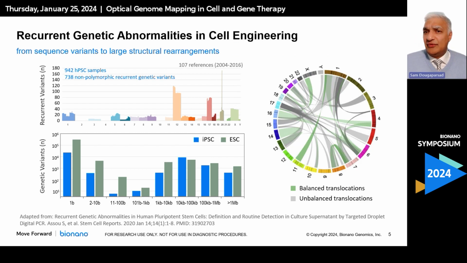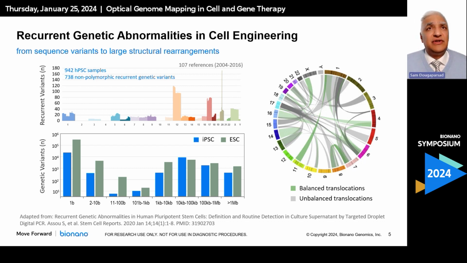So what are these genomic variants? From this published metadata, based on about 100 references, genomic abnormalities in hPSCs were identified across the entire genome, with more than 700 recurrent non-polymorphic genetic variants in a population of merely 1,000 samples.